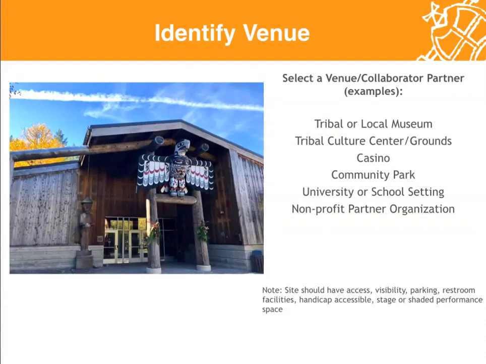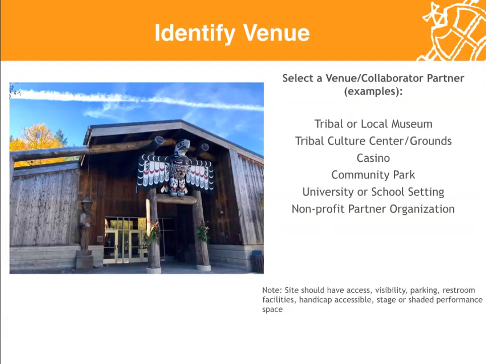You could have a setting at a university or a school, or again, a community park, a nonprofit partner organization. Whatever the site, it should have plenty of access, should have visibility, not tucked away in some far away place, if possible, kind of near major roads.